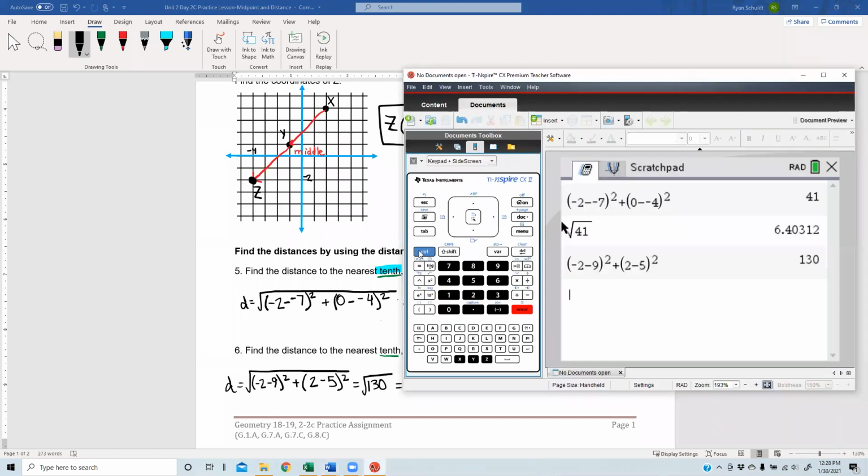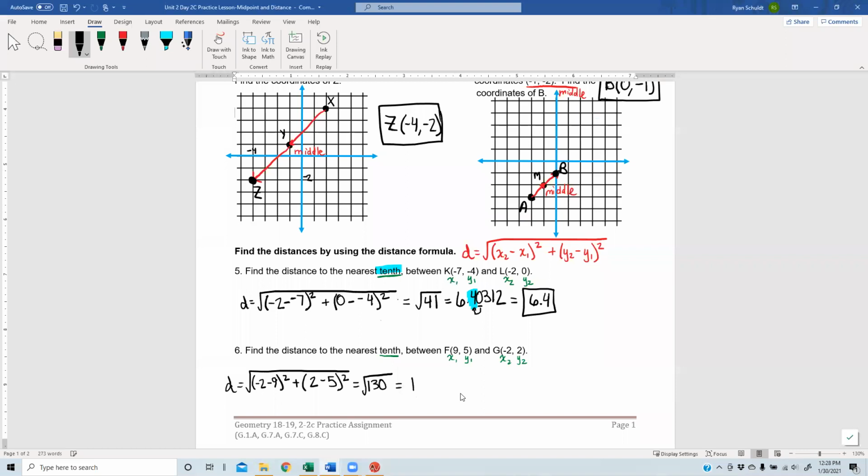Now I can go in and do that. So control x squared and then 130. 11.4018. They say round to the nearest tenth, so I'll look at that. The next digit's a 0, which is 4 or less, so I let it rest. This is 11.4.